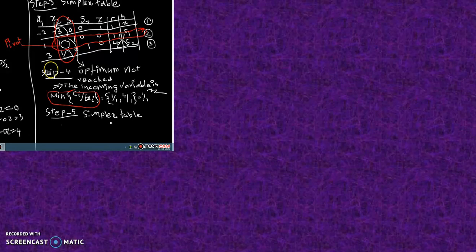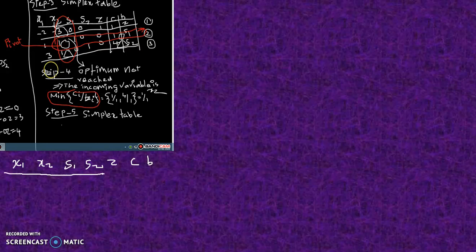Next simplex table means we have to write the variables as they are. You see here x1, x2, s1, then s2, z, and then constant and basic variable.